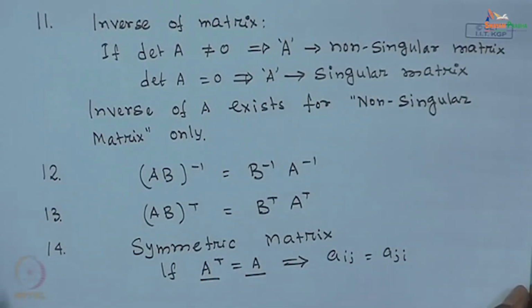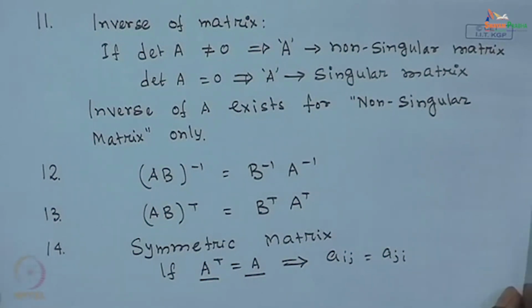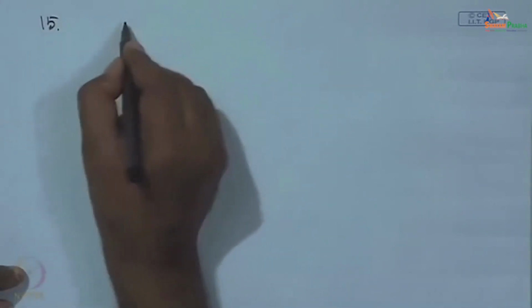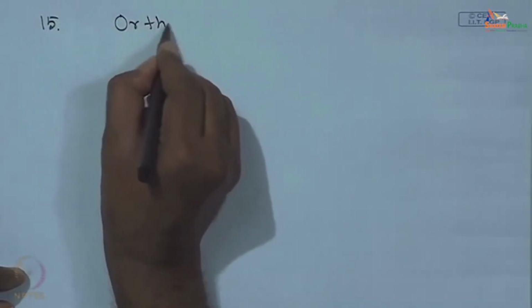That means, even if rows and columns are interchanged, there is no difference between the two, and it is an absolutely symmetric matrix. Next one is the orthogonal matrix.